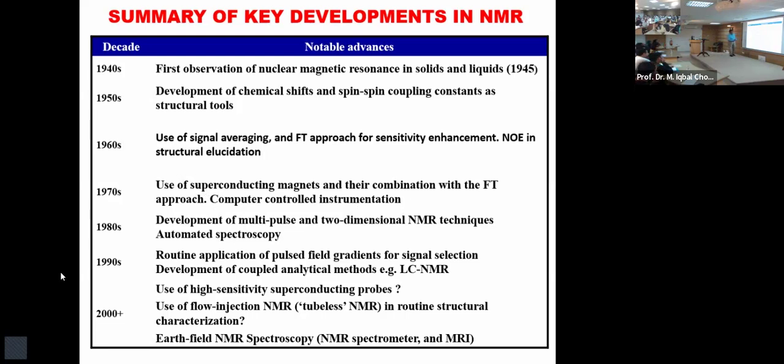Computer-controlled instrumentation was developed in the 1980s, along with the development of multipulse. At this point of time, when someone really developed FT and pulse NMR, Professor Richard Ernst got a Nobel Prize for that too. And it was a quantum jump in sensitivity at this stage with multipulse NMR.